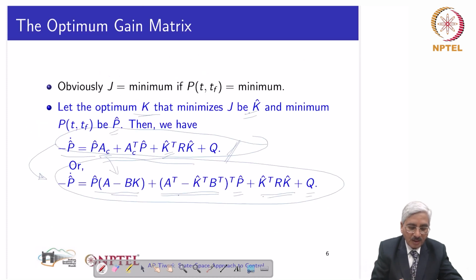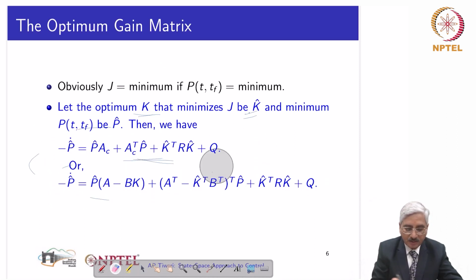So here P hat. This is the expression for P hat here. So this P hat, in this, we are going to substitute that K hat equal to R inverse B transpose P hat.